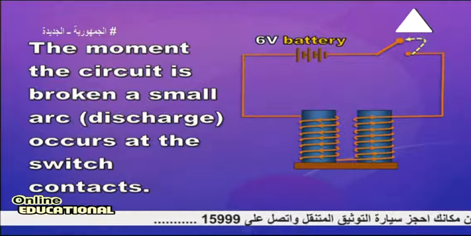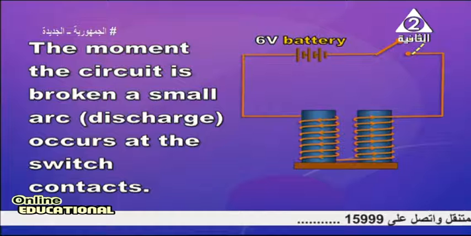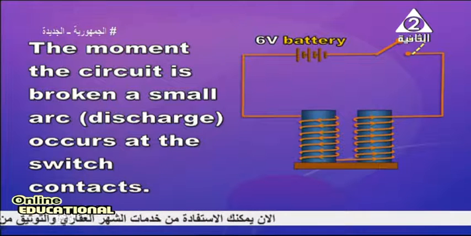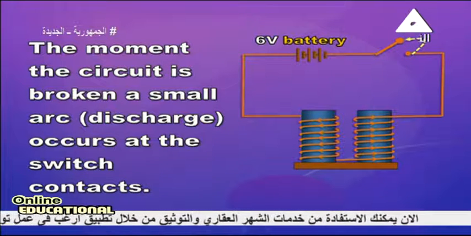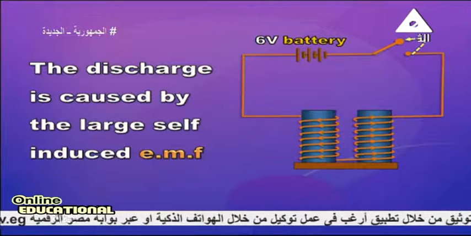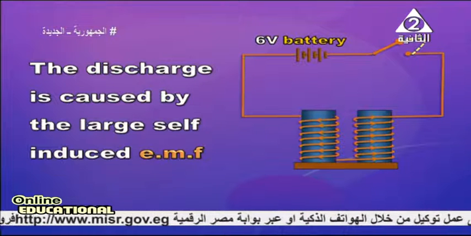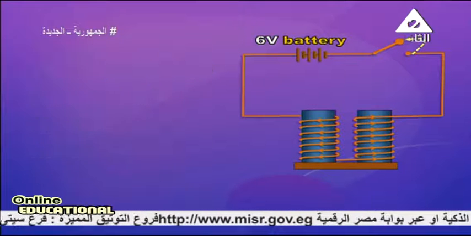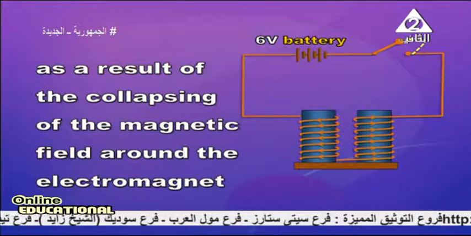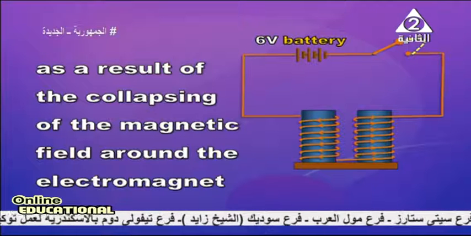This is due to the high forward EMF induced in the coil when the current is switched off. The discharge is caused by the large self-induced EMF as a result of the collapsing of the magnetic field around the electromagnet.